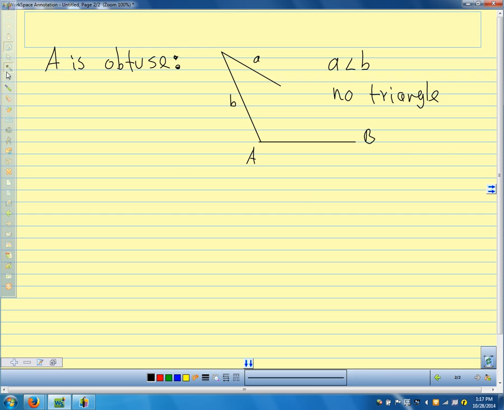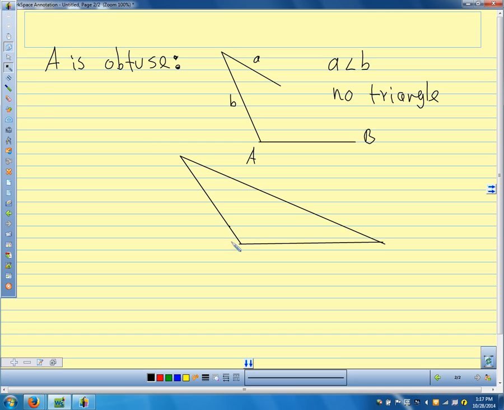And then the other possibility, let's move that. So there's my obtuse angle A, there's side A, there's side B, and there's angle B. A is greater than B, so we have a situation like this.